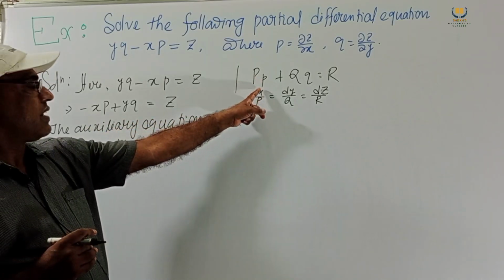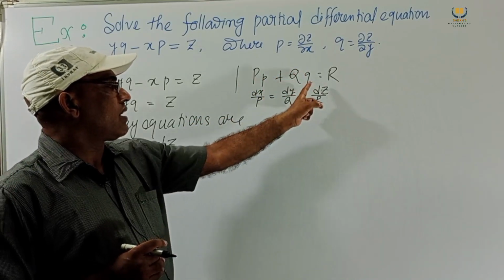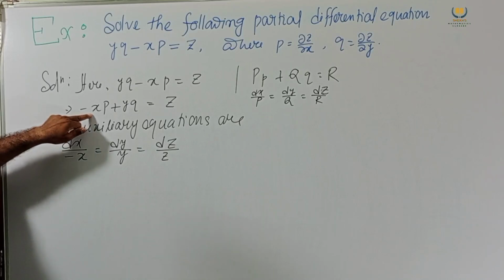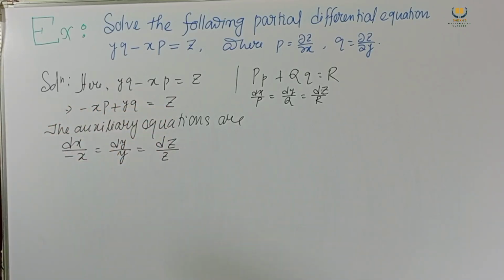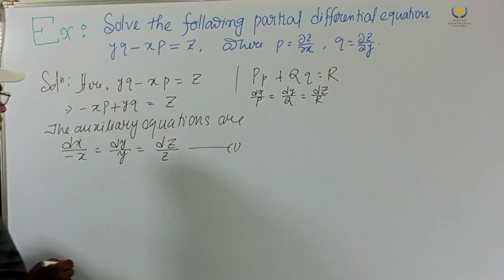Just like dx/P, dy/Q, dz/R. So here P is −x, this is Q, this is R. This is number 1 we consider.